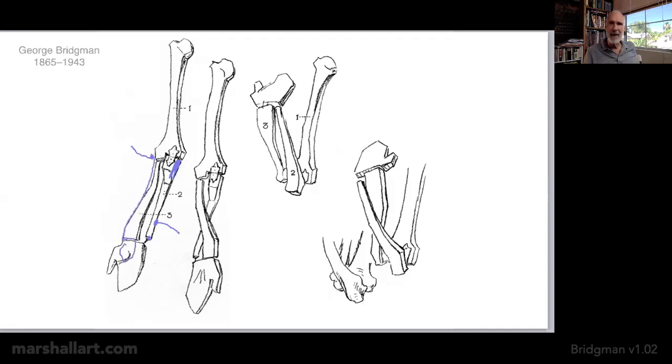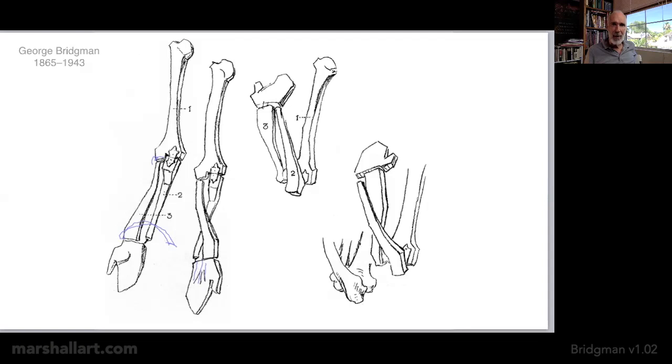Anyone know? That's got to be the radius. Those are the two. Why do we care about the separate bones? Because when you hold your palm forward, that's called supination, and you can take that palm and cross it over like this so that you hold the back of your hand forward, and the radius made the movement.